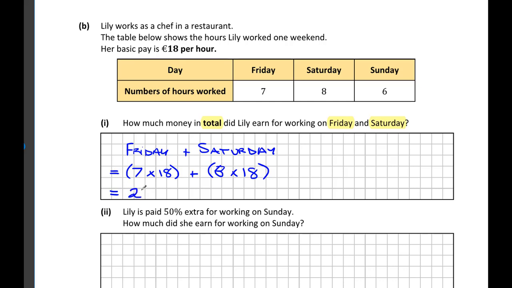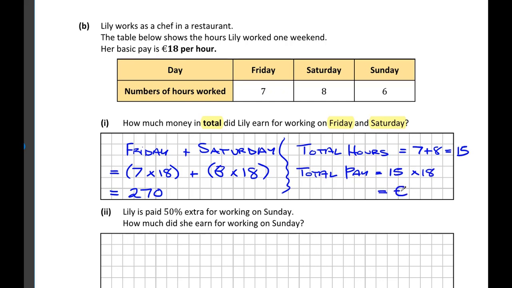Okay. Or the alternative, you could have said total hours. So the total hours for Friday and Saturday is 7 plus 8, which is 15. And then, well, it says earnings, right? I'm just going to call it pay. Total pay is 15 hours times 18, and that's going to be €270.